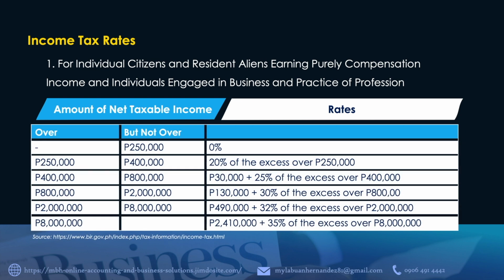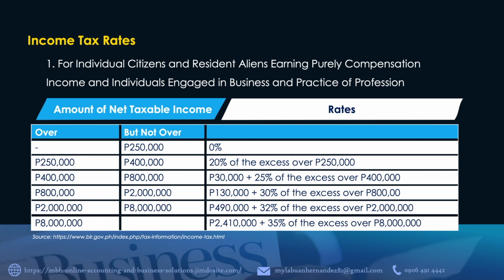Individuals earning an income not over 250,000 shall have a zero tax rate. A 20% tax rate on the excess over 250,000 shall be followed for those individuals earning over 250,000 but not over 400,000.